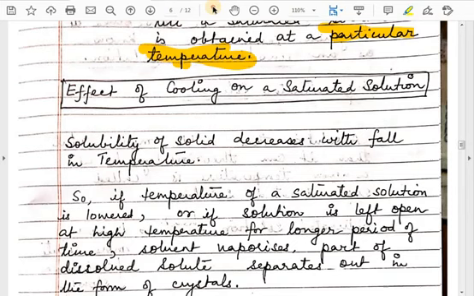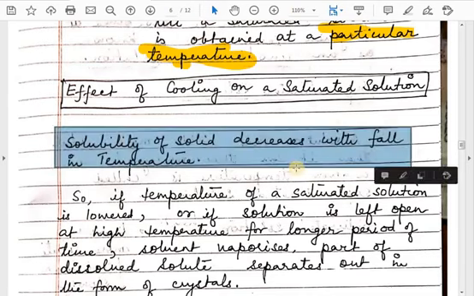Now what is the effect of cooling on a saturated solution? Solubility of a solid decreases with fall in temperature. A very good example is when you prepare sugar syrup at very high temperature. At high temperature, you can dissolve the sugar, and when you cool that sugar syrup, you will find some crystals of sugar deposited or precipitated on the sweet dish.